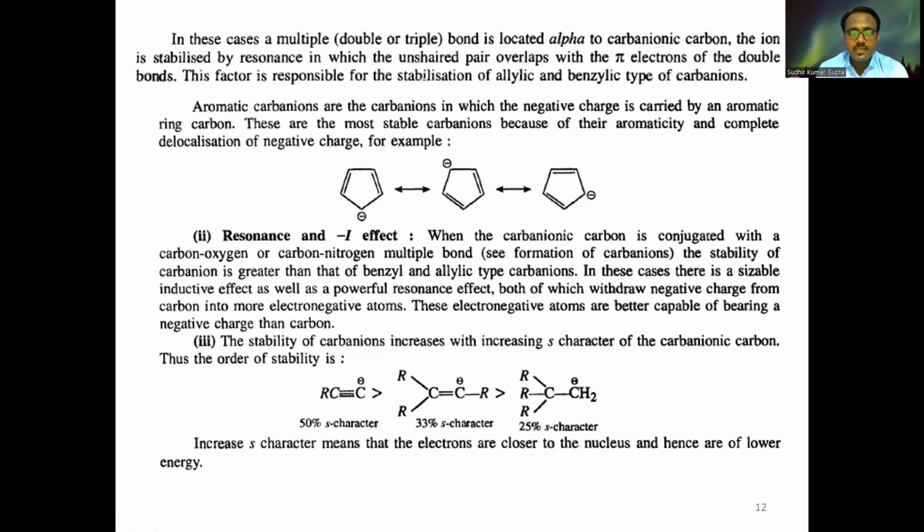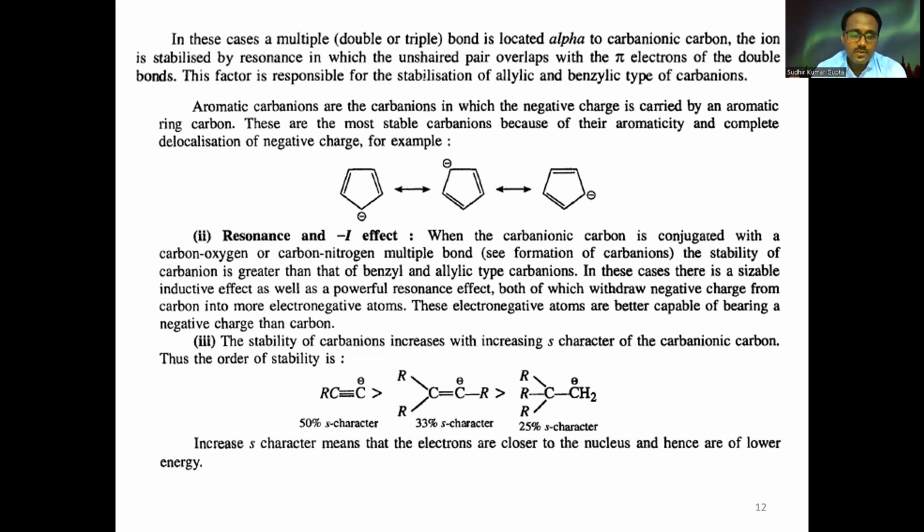For the reason of being more electronegative than carbon, they stabilize the carbanion. And these electronegative atoms have better capability for bearing the negative charge as compared to the carbon atom, because the electronegativity of nitrogen and oxygen is far higher as compared to carbon.